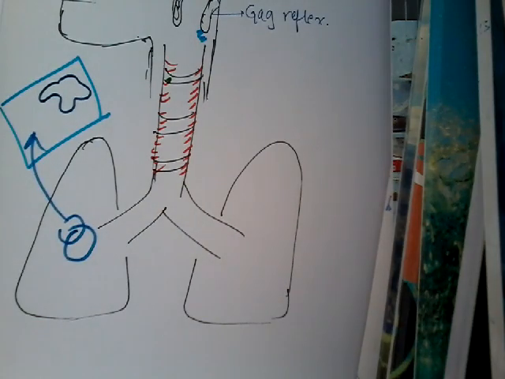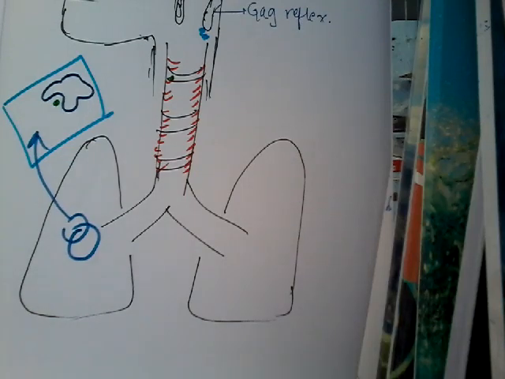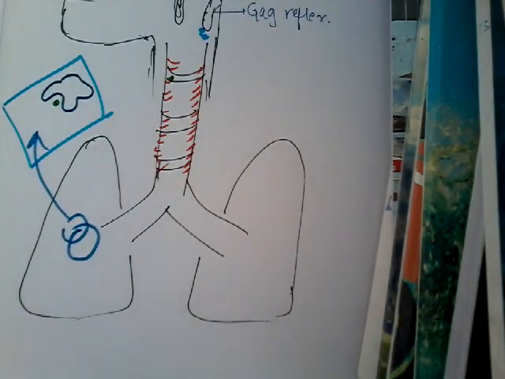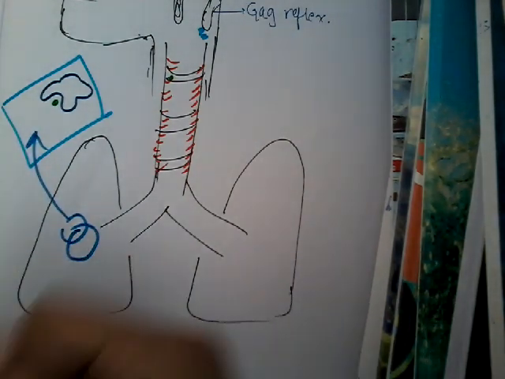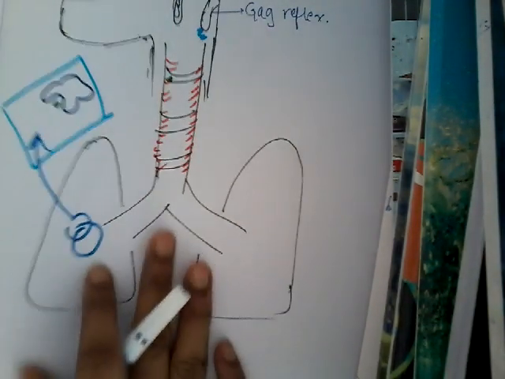These macrophages or phagocytes will ingest the foreign material and thus prevent the entry or activation of the microorganism. So these alveolar macrophages will ingest and thus digest the foreign material, any microorganism. So there are many protective mechanisms.